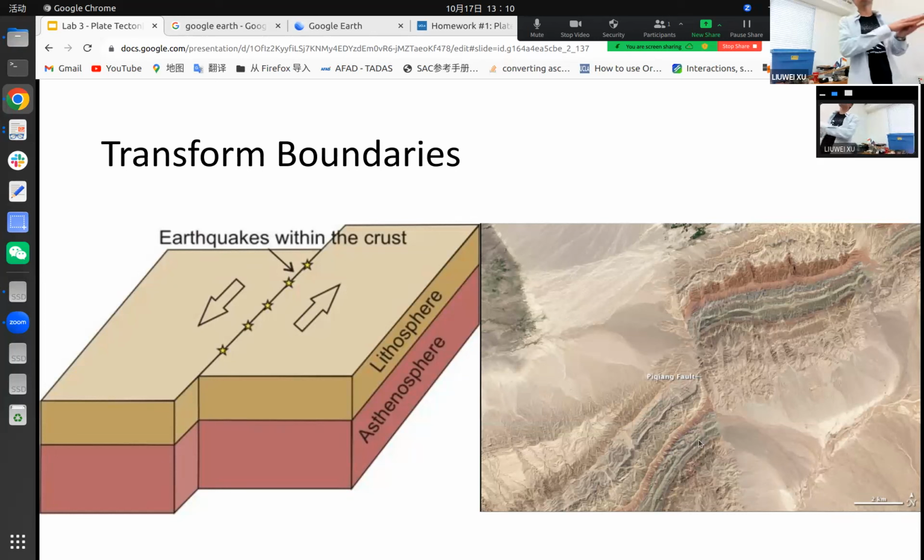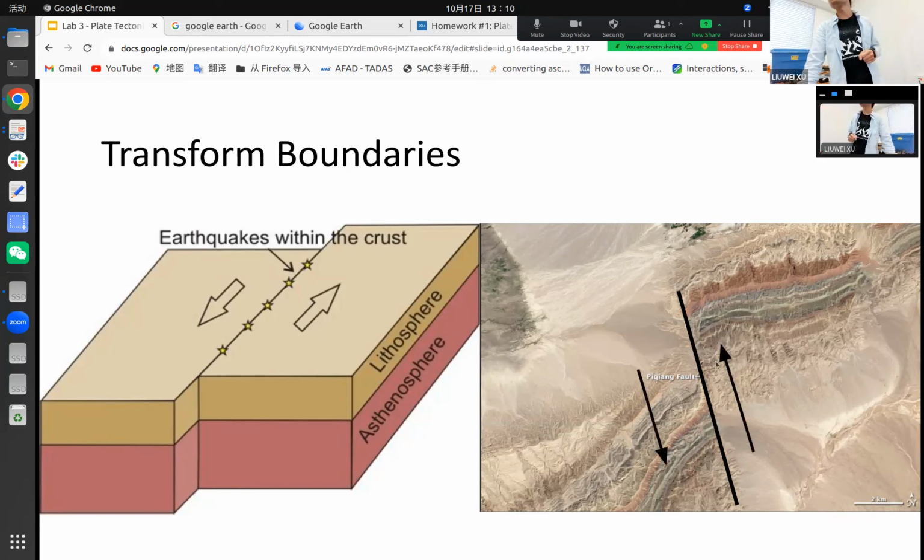But after the transform boundary formation, two plates began to move. So we see an offset in between. The black line shows the trace of the transform boundary, and the arrows indicate the moving direction of the two plates.